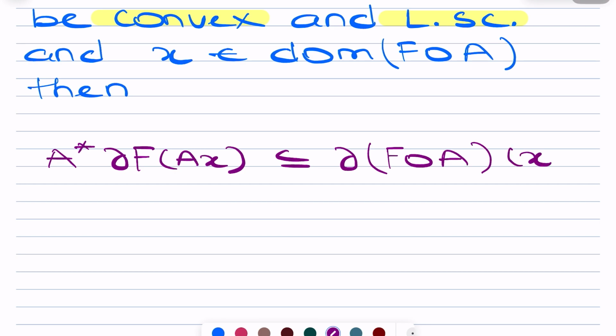So this A star stands for the adjoint. I actually have a very nice playlist on functional analysis where I went through adjoint operators and spectral theory. I strongly invite you to check it out.